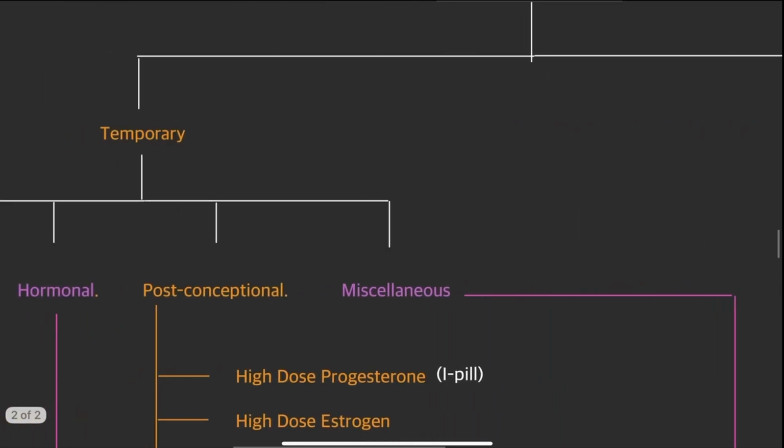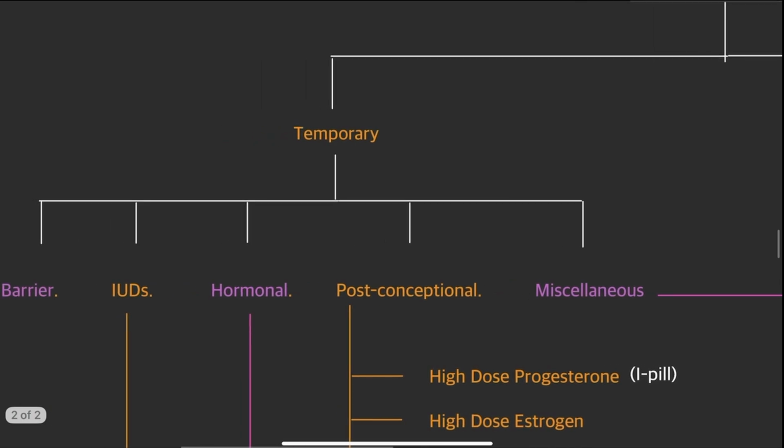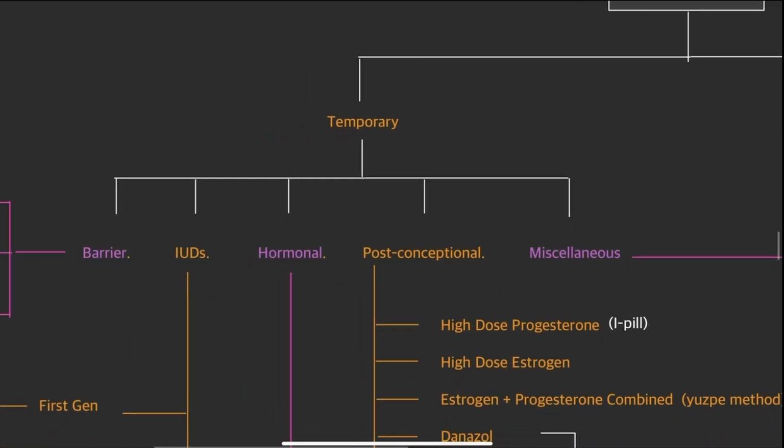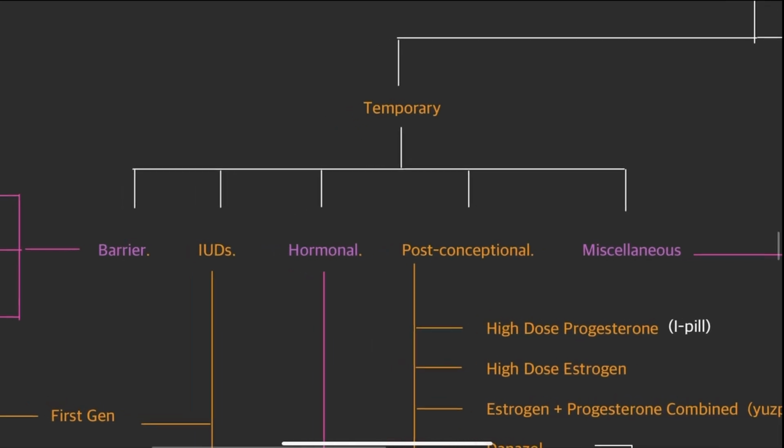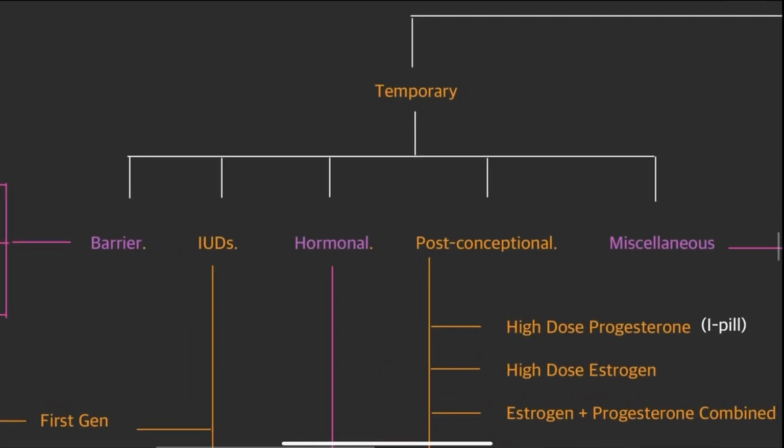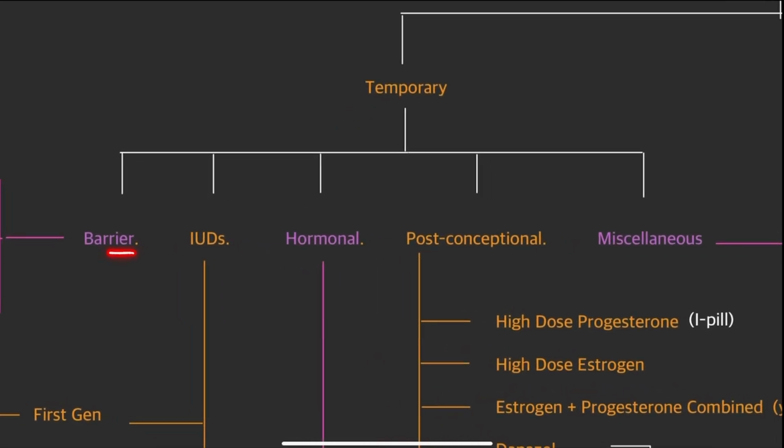Now, the temporary method is quite complex and it is further divided into many subheadings. And they are barrier method, IUCD, hormonal, post-conceptional or post-coital, and we have miscellaneous. So the temporary method is divided into five further sub methods.